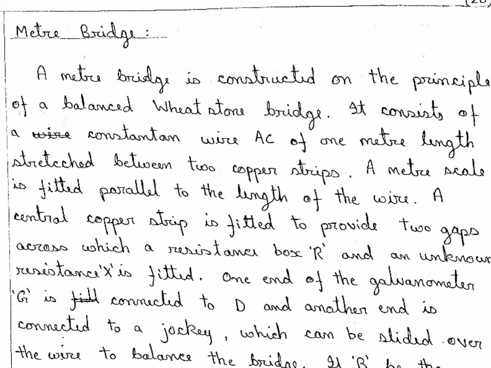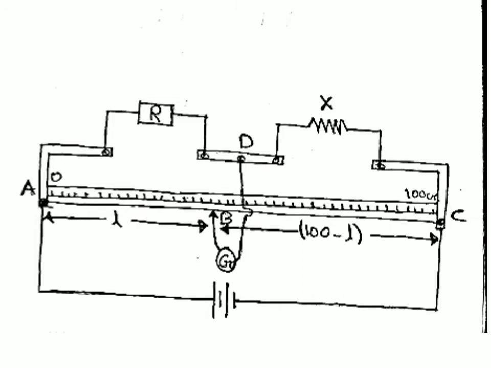Now we come to the practical application of the Wheatstone bridge, that is the meter bridge. A meter bridge is constructed on the principle of a balanced Wheatstone bridge. It consists of a Constantan wire AC of 1 meter length stretched between two copper strips.